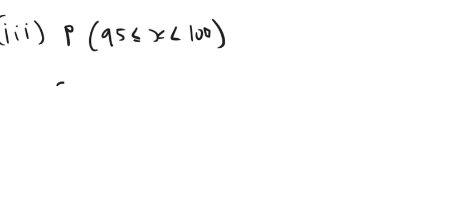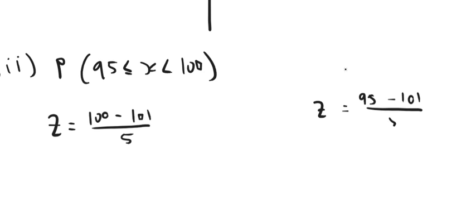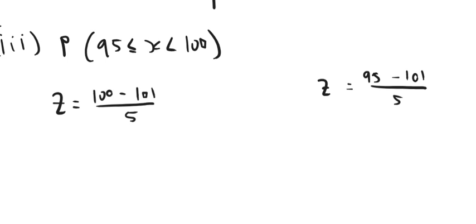So I'm going to get a z-score with 100, take away our mean was 101, and then I'm going to get a z-score with 95. And we're going to take one away from the other in the end. So we get minus 0.2 and we get minus 1.2 as our two z-scores.